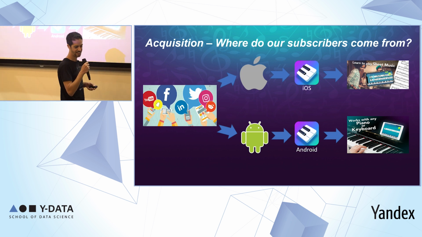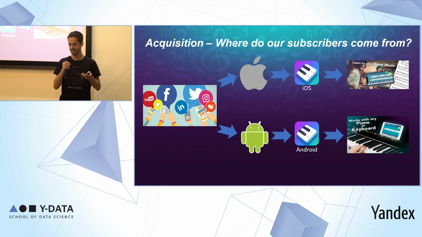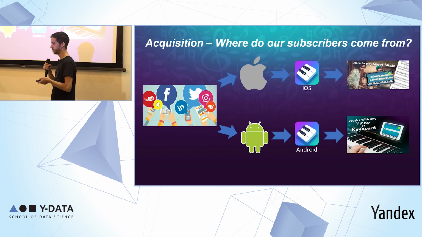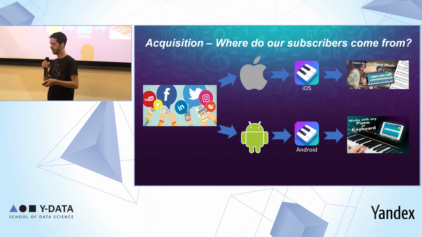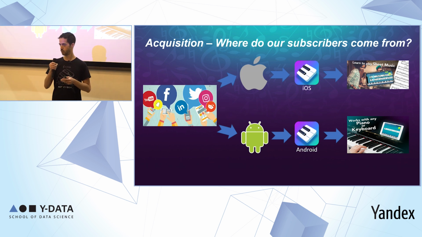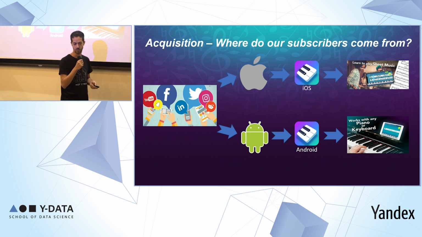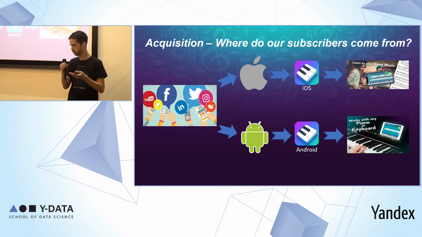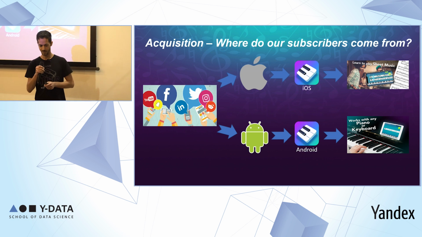The second reason is that some of the users who see our ads will not click on the ad. And since we use click attribution in order to connect a user to a campaign, we will not know which source he came from. So remember this.